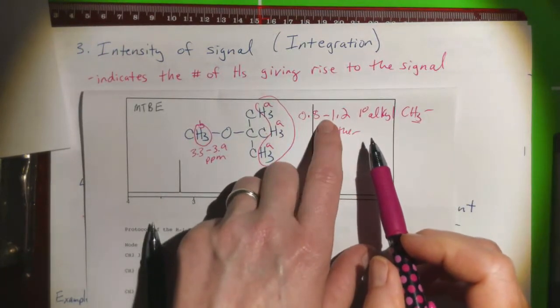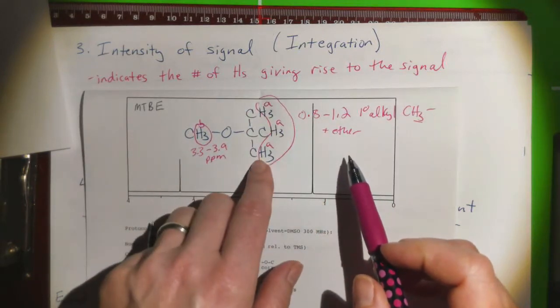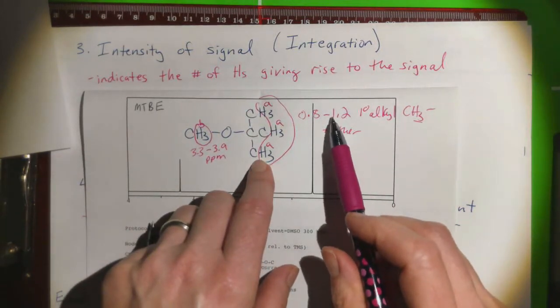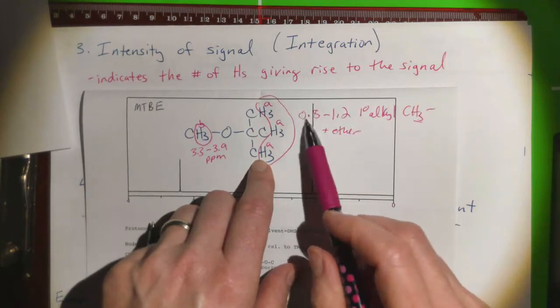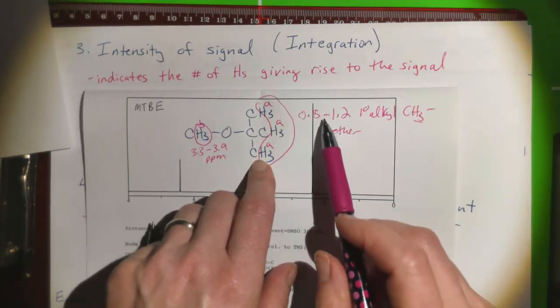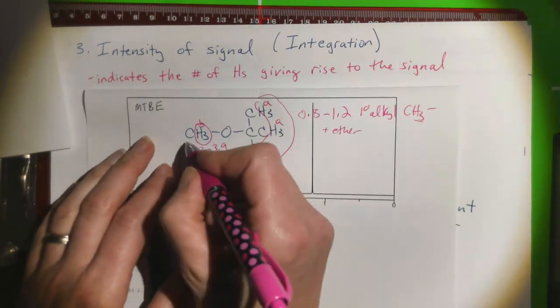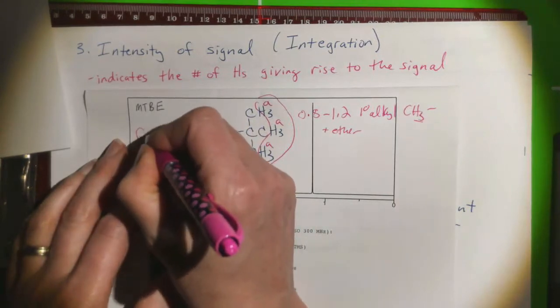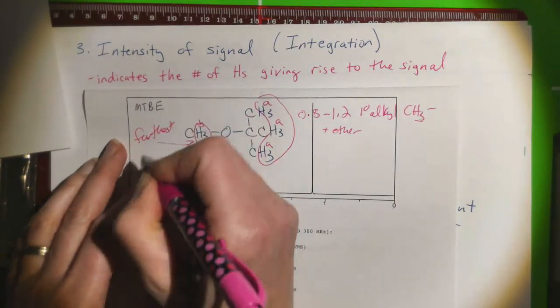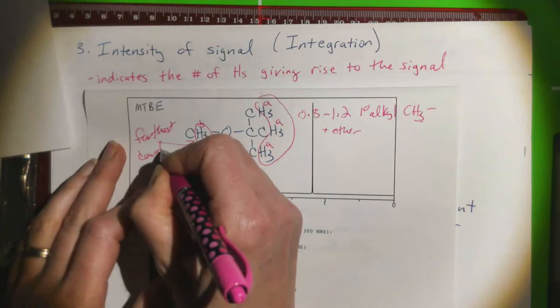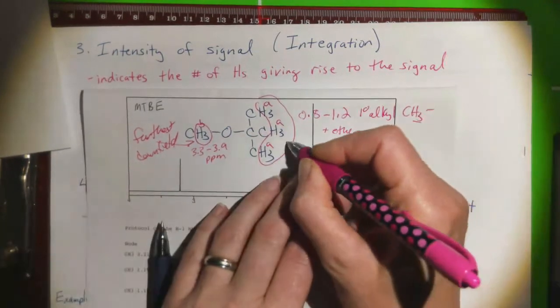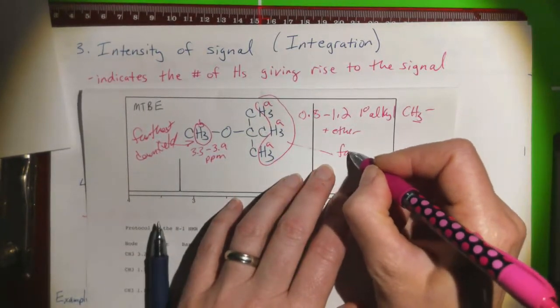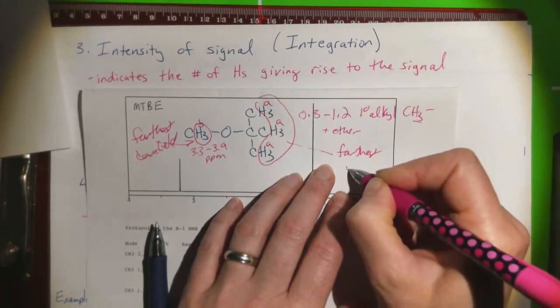So I'm going to expect the chemical shift for these protons to be a little bit farther downfield than what we would expect here, but not nearly as downfield as these. So these should be the farthest downfield, and these should be the farthest upfield.